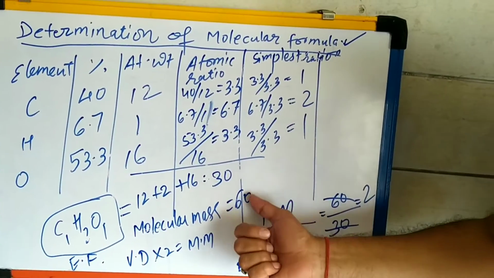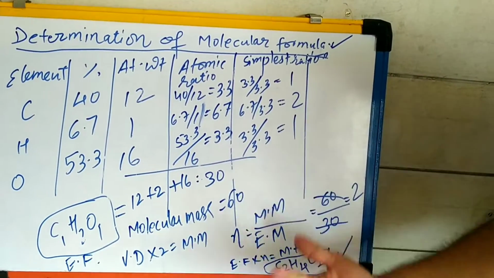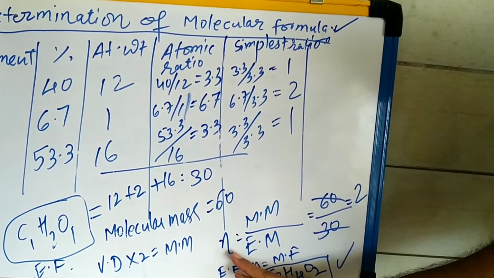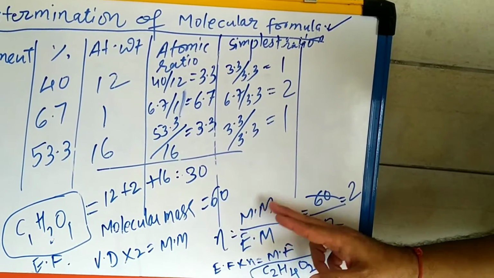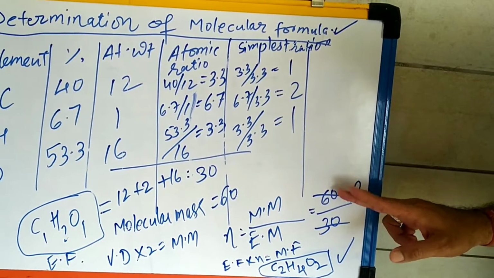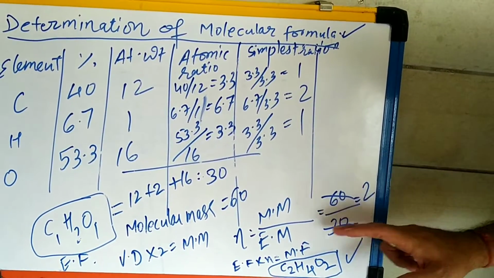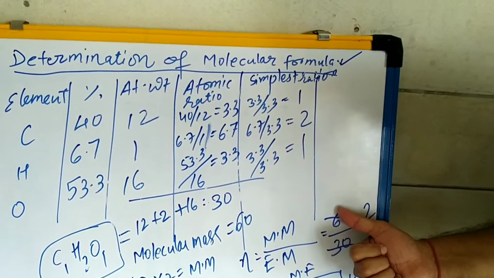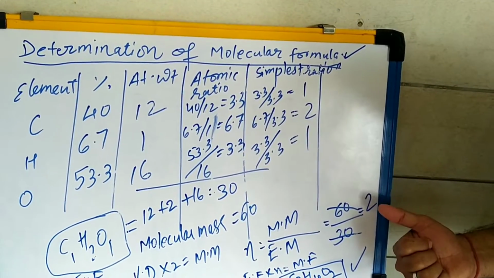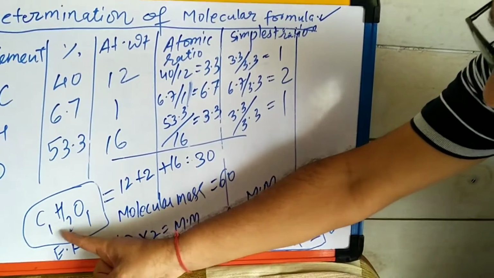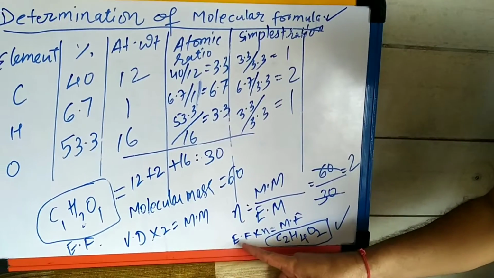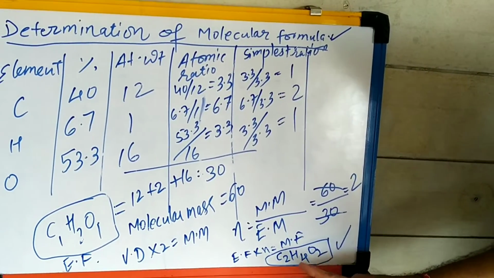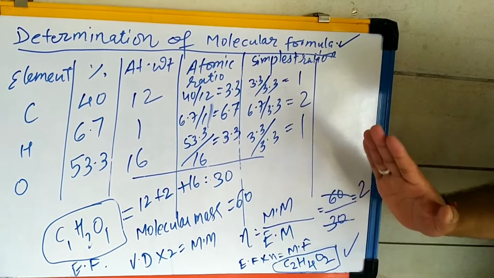In this question it is given directly. So in the next step you have to find the factor n: molecular mass by empirical mass. Molecular mass is given as 60 and empirical mass you calculate from the empirical formula. Divide this by this, you will get the number, and you multiply the empirical formula by n, that is 2, and you will get the molecular formula C2H4O2.